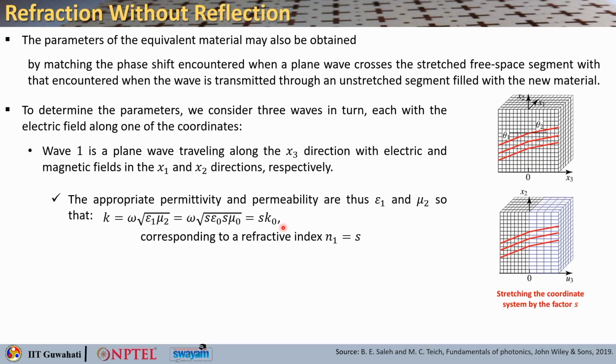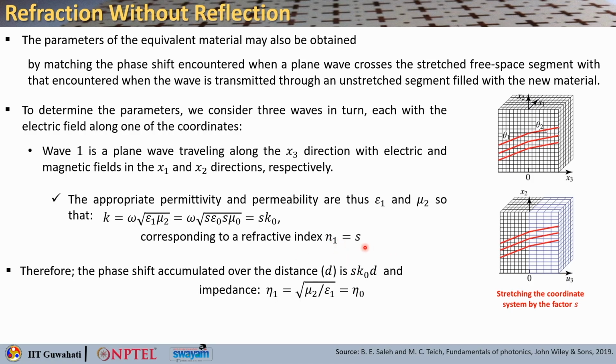which is the vacuum wave number. So, this tells you that it gives a corresponding refractive index N1, which is basically S. What is important is that along the plane where the wave is incident, you actually see the same refractive index. In this case, the wave is experiencing N1 equal to S. So, the phase shift accumulated over a distance d will be simply S k naught d.